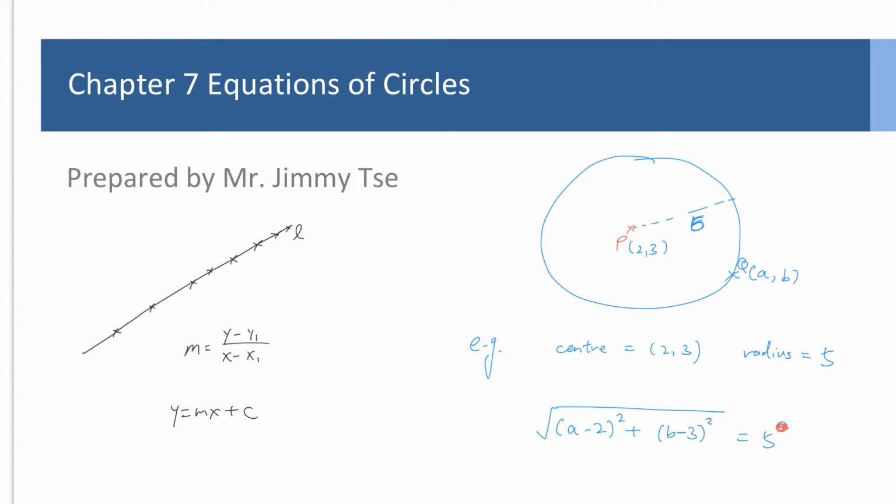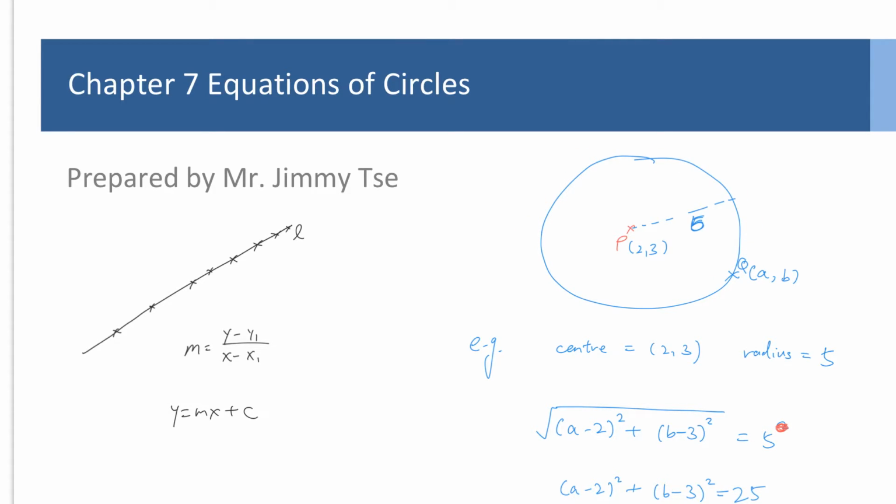It's not 5 square. Then I take square on both sides: (a minus 2) all square plus (b minus 3) all square is equal to 25. Because Q is a moving point, a random point, we can replace a and b by x and y.